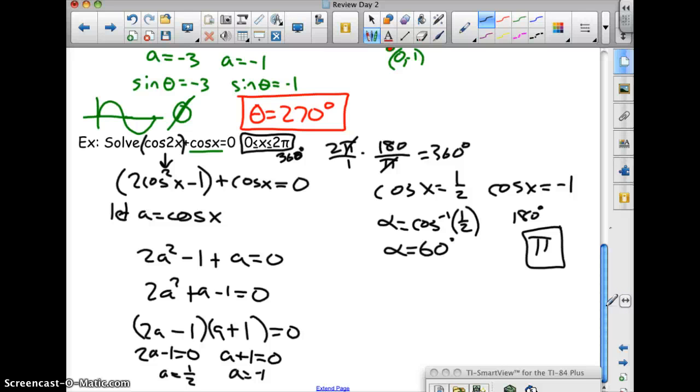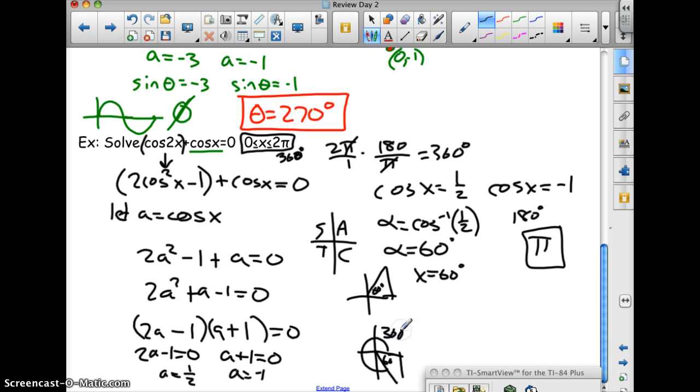So I got to go back to my all-star trig class here and find out what quadrants I'm going to get answers from. I'm going to get something from the first quadrant, where I have a 60. So my x equals 60. And something also from the fourth quadrant. Okay, so down here in the fourth quadrant with a 60-degree reference angle, this guy is 300. So I get 60 and I get 300.